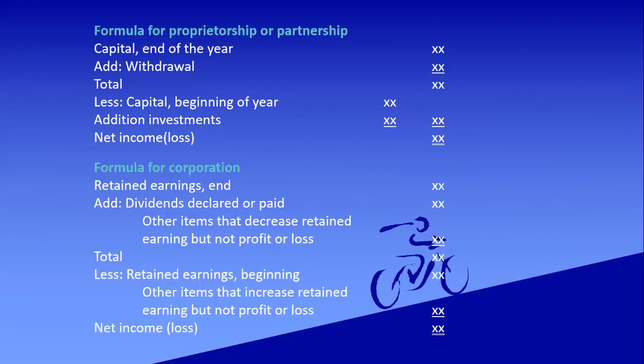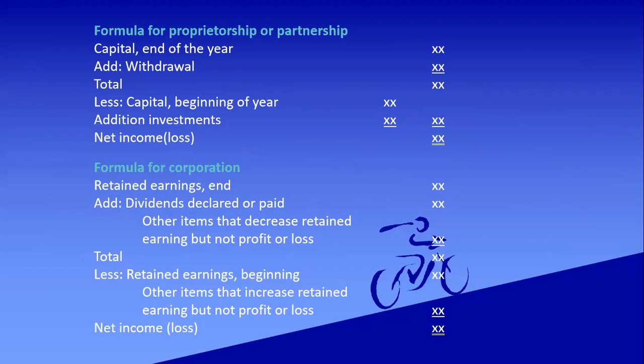So the formula for proprietorship or partnership, we have the capital at the end of the year, then we add withdrawal. From the total, we deduct the capital at the beginning of the year and additional investments, we have the net income or loss. But for the corporation, we have now retained earnings.